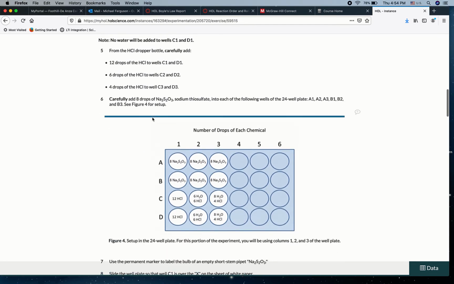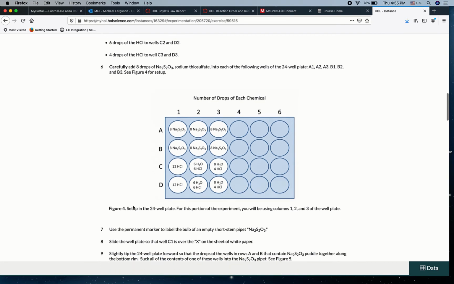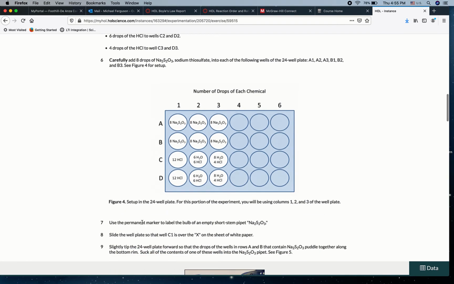And you're not going to vary the concentration of sodium thiosulfate. So in the equations that we showed before, these are all going to cancel. So you can see that you're varying the concentration of hydrochloric acid.